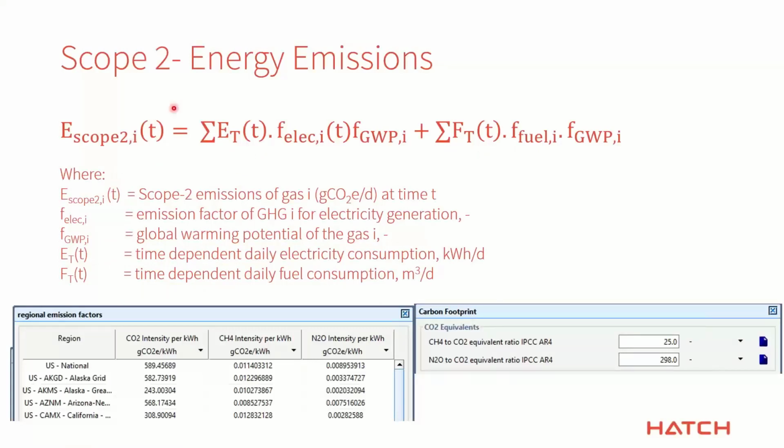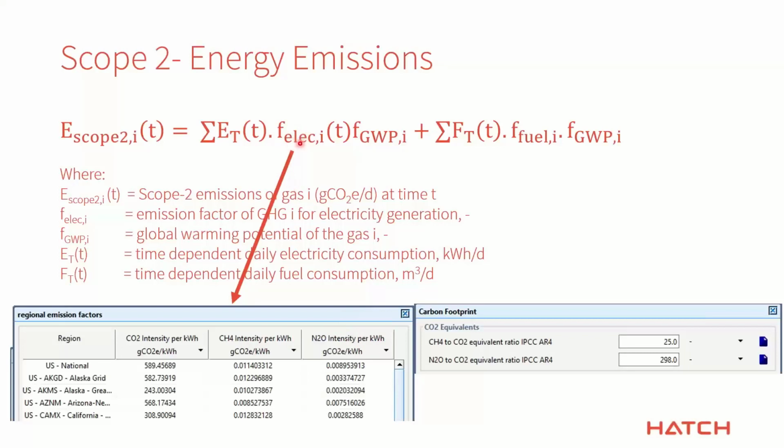And then we convert that power consumption into an equivalent carbon emission from consumption of electricity. We multiply the power consumption by an electricity intensity factor. So there is a CO2 intensity per kilowatt hour, or CH4 intensity per kilowatt hour, and the nitrous oxide per kilowatt hour here.